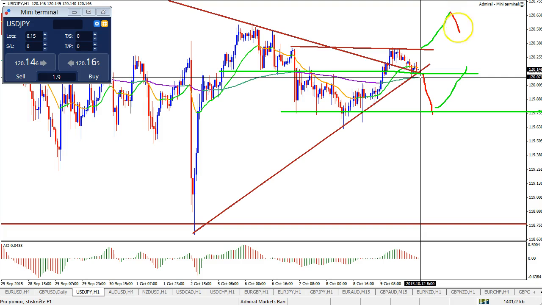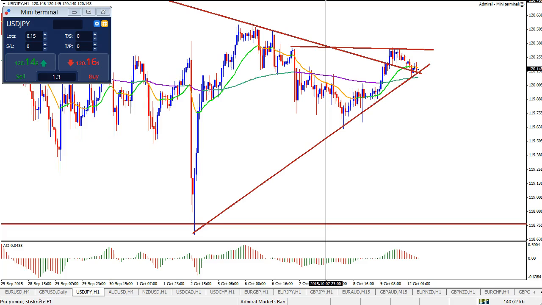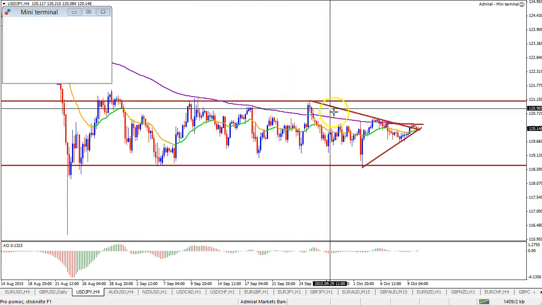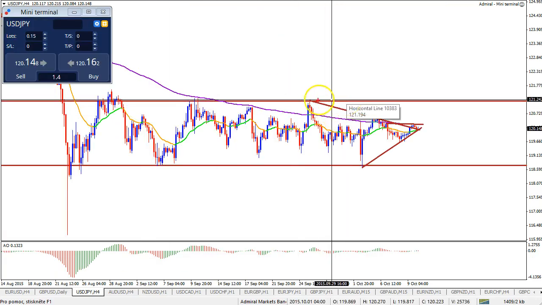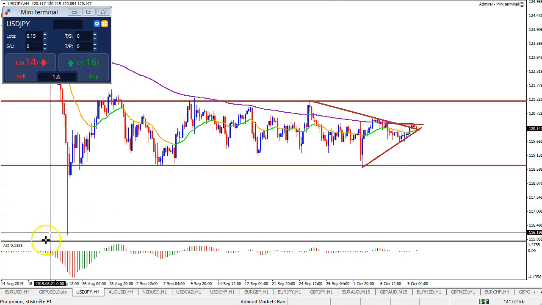Breaks to the upside could move right back into that point as well. Not interesting really to trade in my opinion. The 4-hour chart is also very choppy, so ultimately I'm looking for a break of this resistance or a break of this support for more indication about the long-term or even intermediate future of this dollar yen.